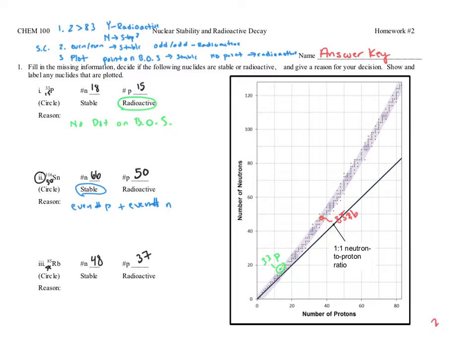And so in this particular case, we have a stable isotope because there is a point on the BOS. So again, make sure that you label.